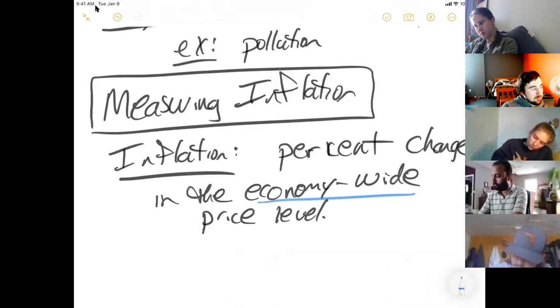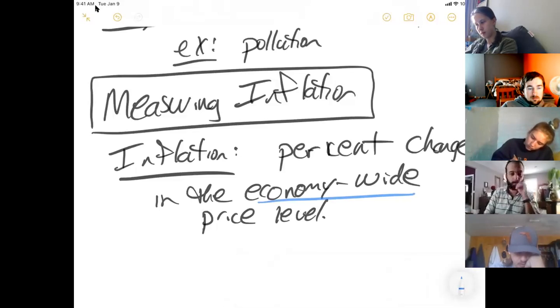When we talk about inflation, we're not just talking about the price of one single good. We're talking about the price of goods across the economy. So if I can give you an example, during break, I talked to my roofers.